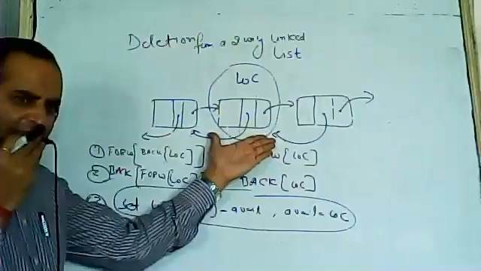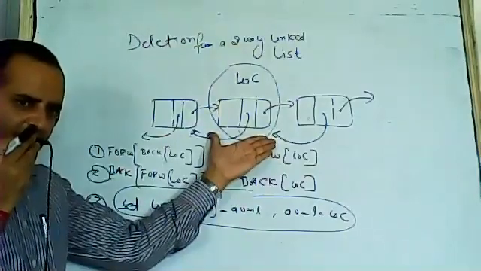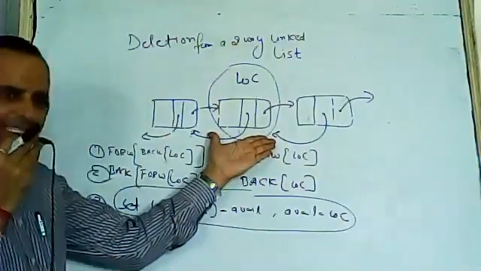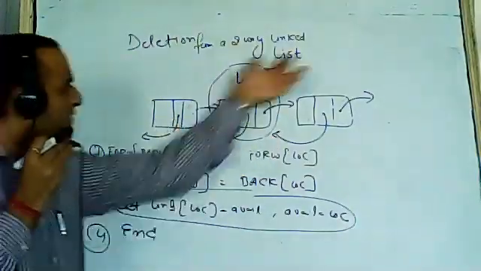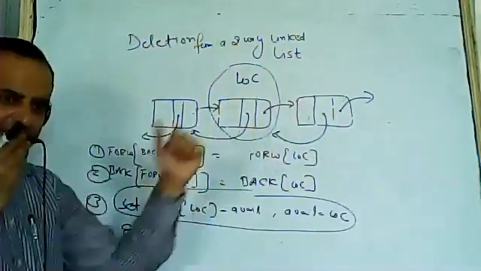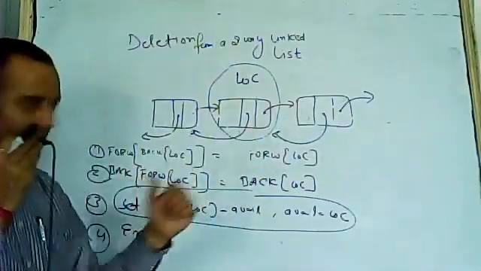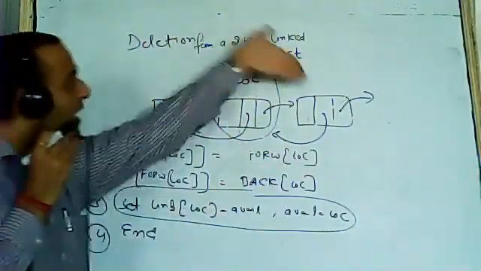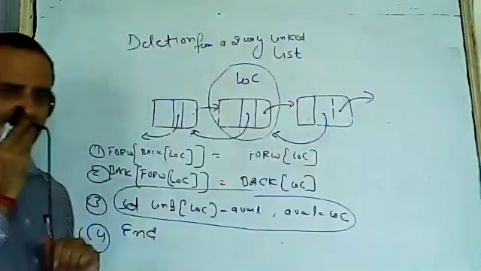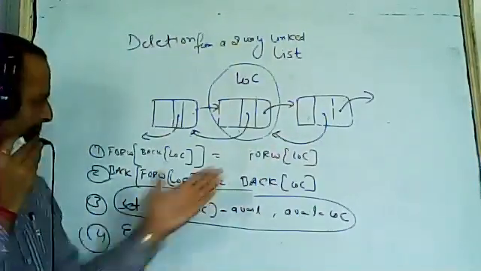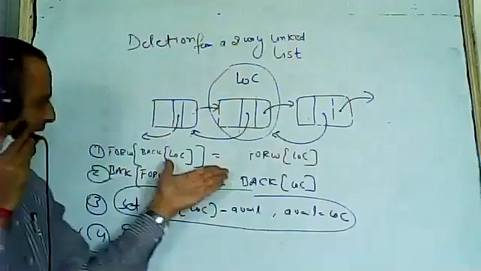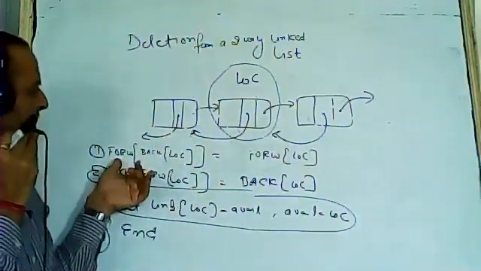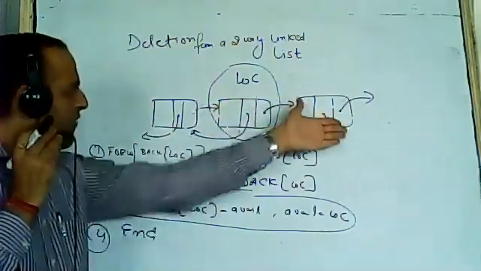This is the location you are going to delete? Now, if you are going to delete this location, this node's forward pointer will be pointing to this node, because this is going to be deleted. So the location's backward node's new forward will be this, which is the location's forward. First step, location's back node's new forward is location's forward.